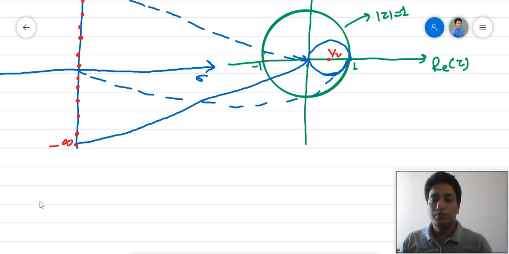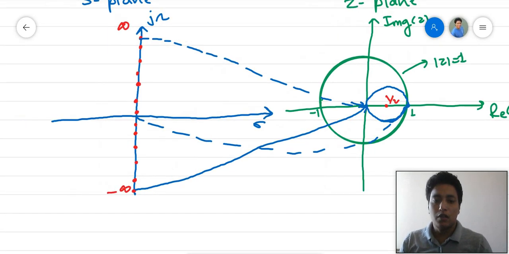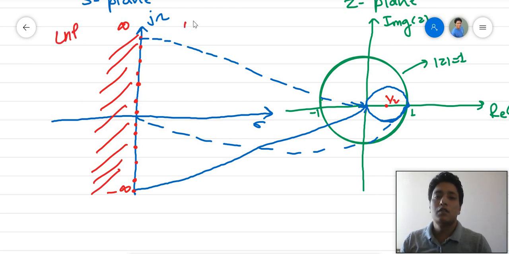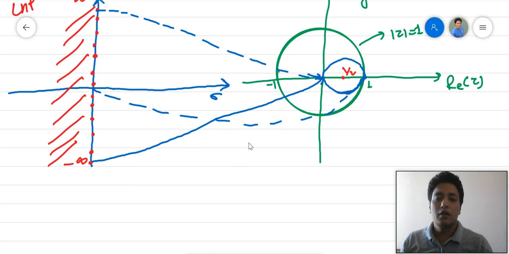Now all the poles which are lying in the left hand plane, this is LHP, this is RHP, are mapped inside this circle.